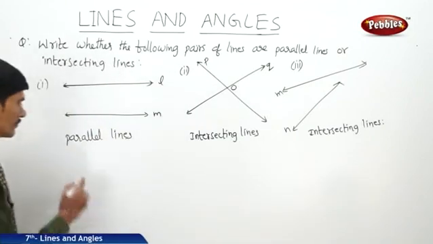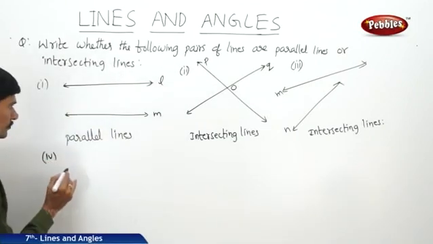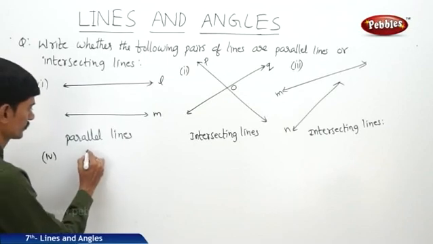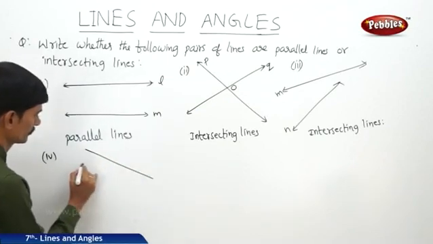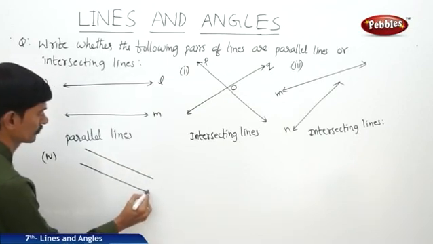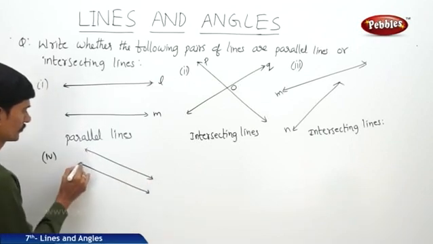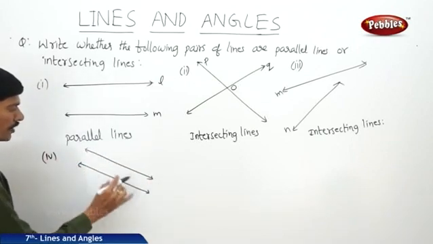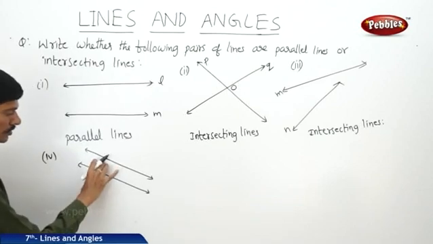Now the next one: these two lines are parallel lines because they do not intersect.